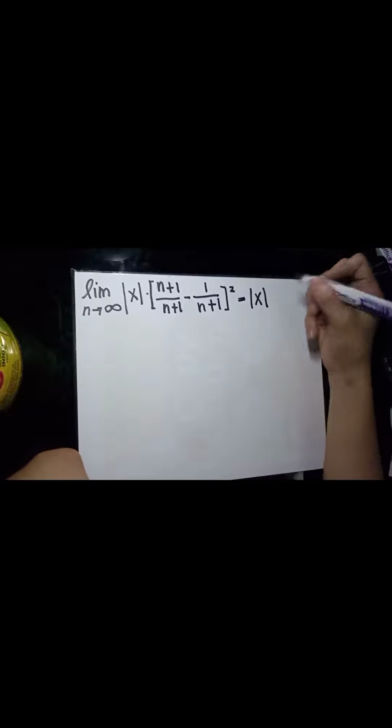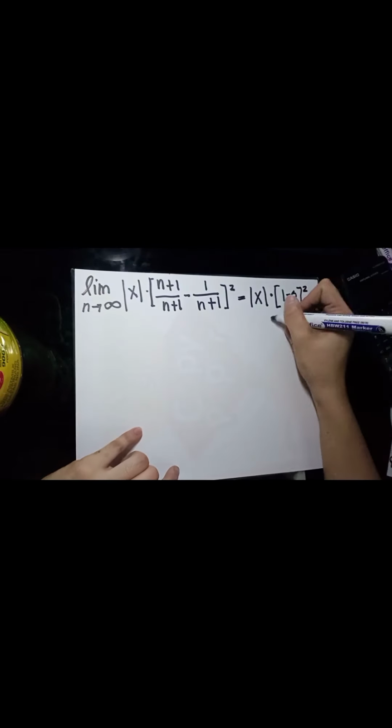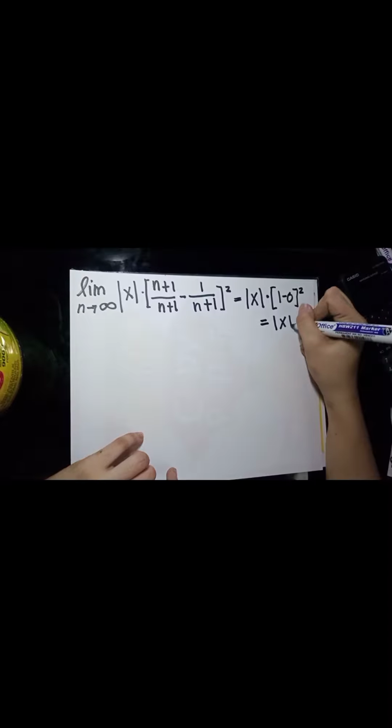So this will equal absolute x times 1 minus 0 is to 2. So this will equal absolute x.